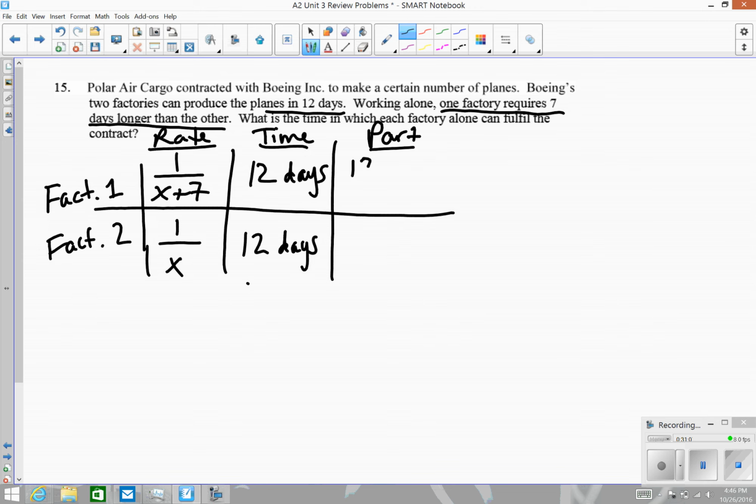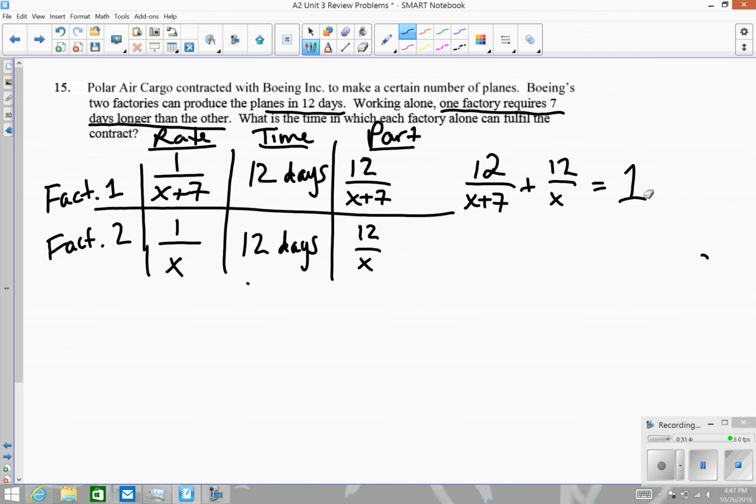This will be 12 over x plus 7, and this will be 12 over x, and together the two parts from each factory add up to be one job. So I can say 12 over x plus 7, the part that factory 1 completes, plus 12 over x, or the part that factory 2 completes, equals one complete job. Now I have an equation.